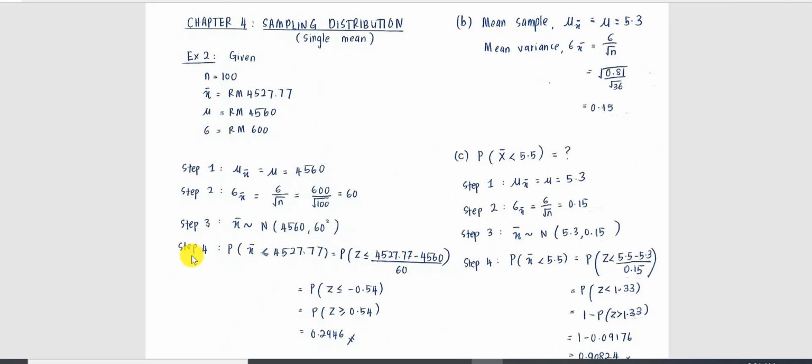So step 4, we want to look from the question at the probability when your x bar is less or equal to 4527.77.